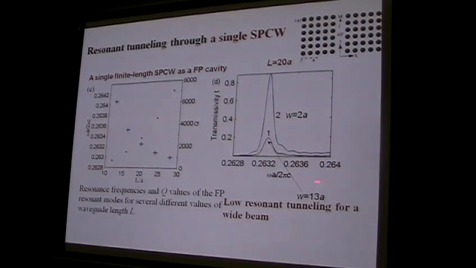However, if our Gaussian beam spot size is 13A, which is pretty large, then you see the transmission efficiency is pretty low. Most of the energy will be immediately reflected by this boundary, the highly reflecting photonic crystal surface, and you see very small transmission.